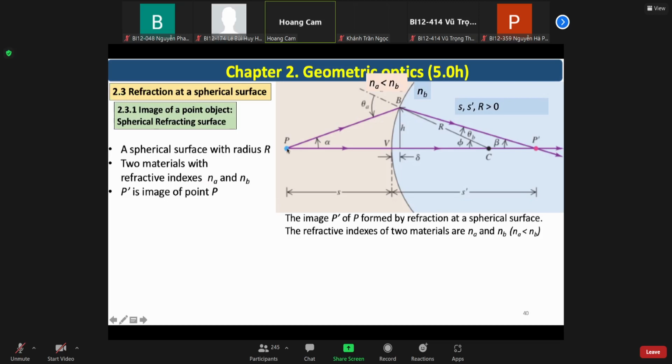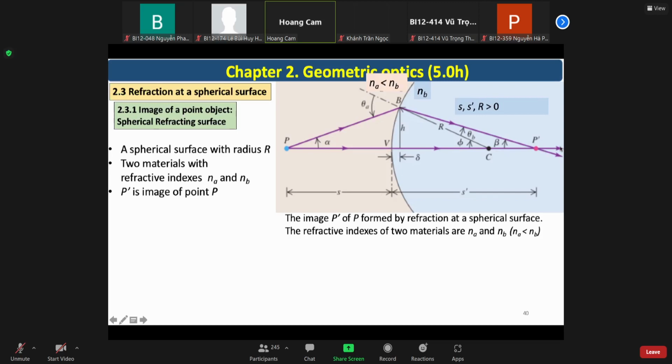The first incident ray we choose is quite a special one. The first incident ray is along the optic axis, so the normal will also be in the same direction, the same line. So you have the refracted ray also in the same direction, but in another medium.